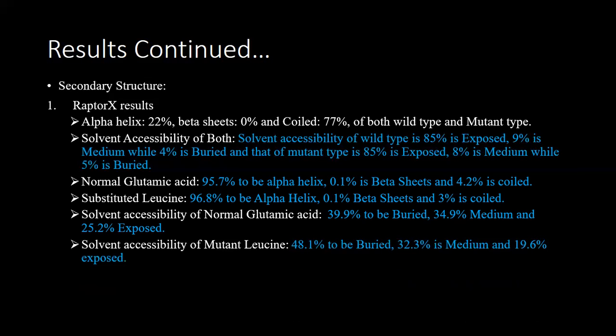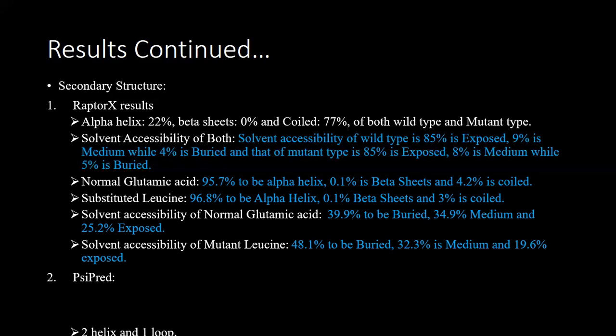The solvent stability of mutant leucine: now we are discussing the abnormal leucine, abnormal protein, and mostly we are targeting leucine. 48.1% is buried, 32.3% is medium, and 19.6% is exposed. If we look at the statistical analysis, the data of helix and beta sheet, there are some minor changes and some major changes.